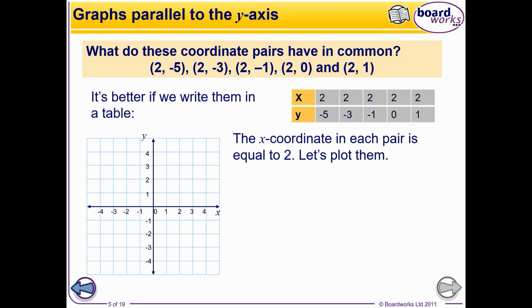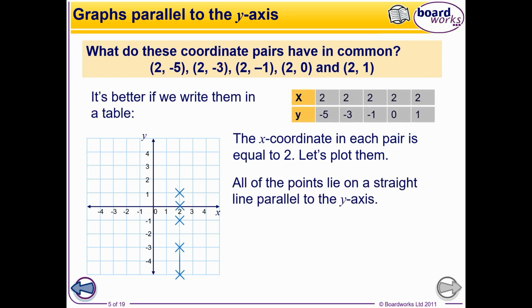Okay? All of them are equal to 2. If we plot these points, we notice that all the points lie on a straight line, which is parallel to the y-axis, to the vertical axis. In fact, the line that we have just plotted is vertical.